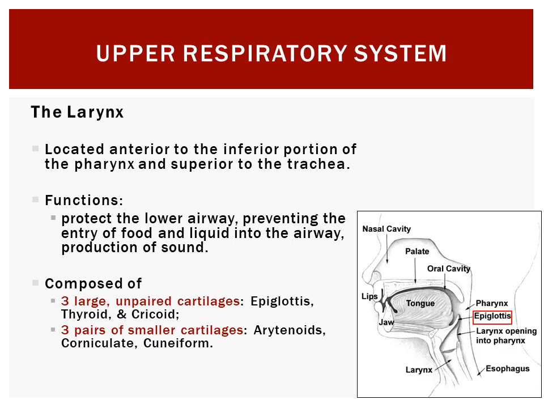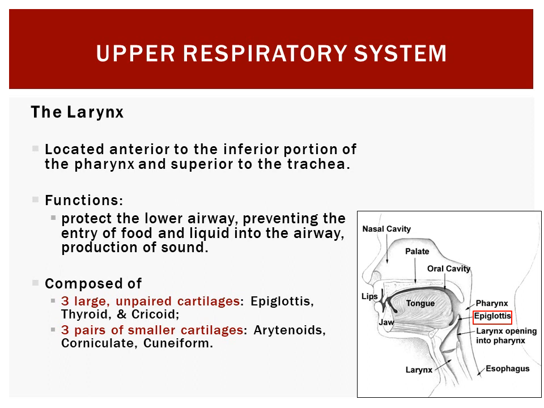Here is the epiglottis as shown in the image, labeled by the red box. So when you are eating, the epiglottis moves down to keep any food or liquid from entering the respiratory tract.